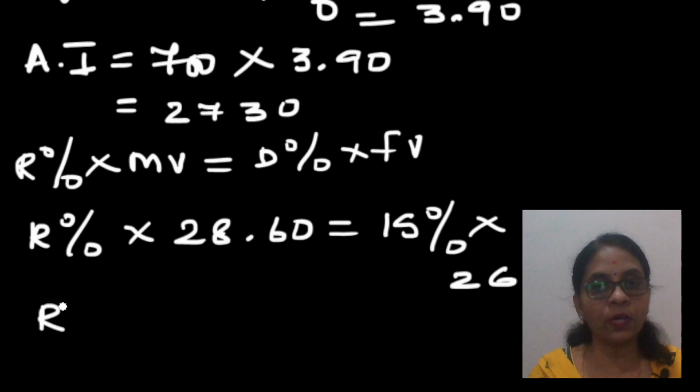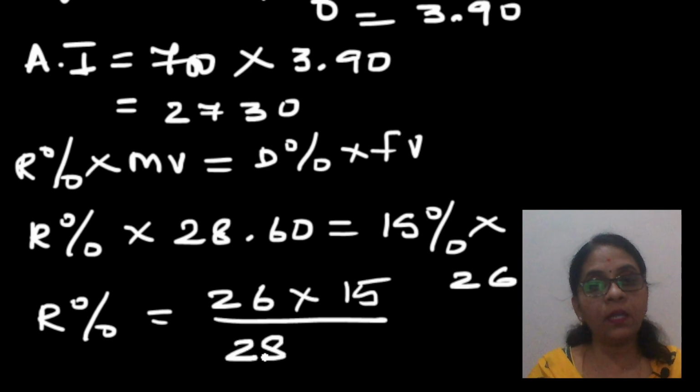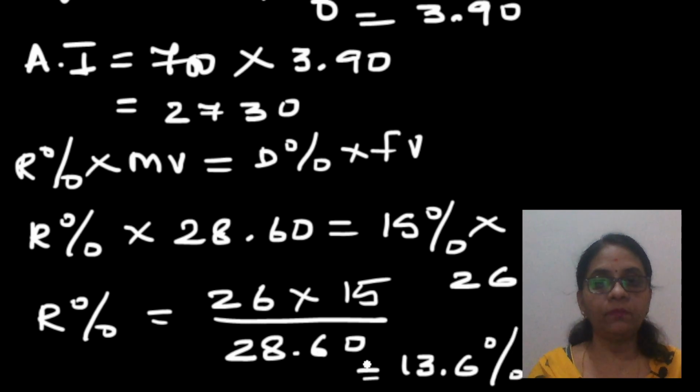That's the reason I showed it like this. So R% is equal to 26 into only 15 by 28.60, which is equal to 13.6%. Okay. Simplest formula, children.